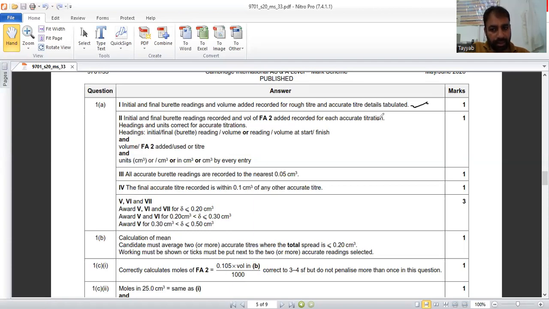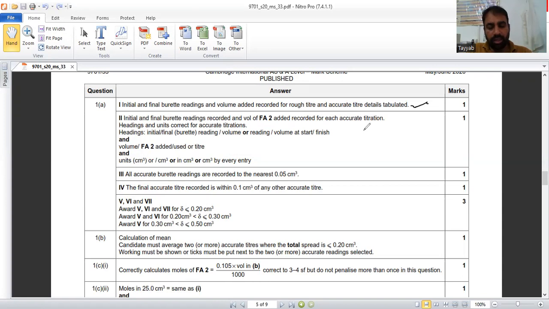The rough titer is used to check what volume is going to be added. So it is for the approximation of volume, that it gives you an approximation for accurate titration.